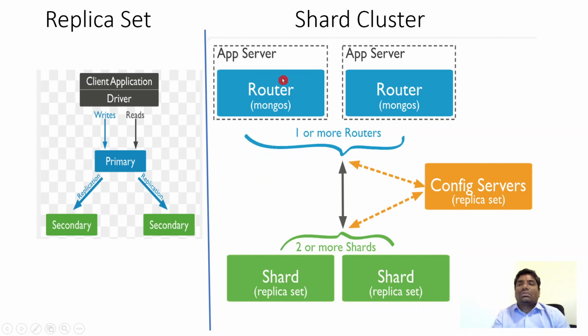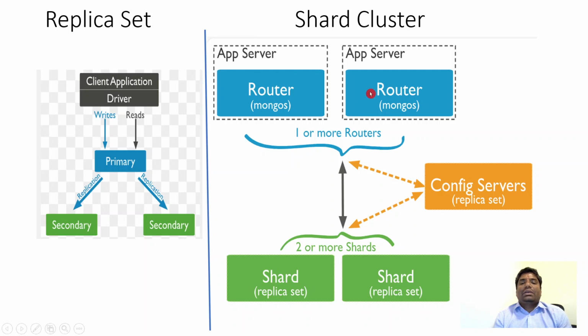One is the router component, the config server, and the shard nodes. What are these? The router is for routing. So whenever I have a client application, it will make a call to this router, that is a mongos, seeking some data which has been written by another application.